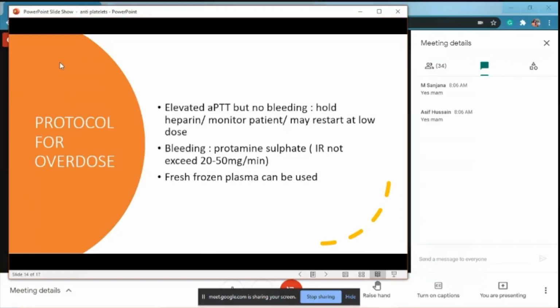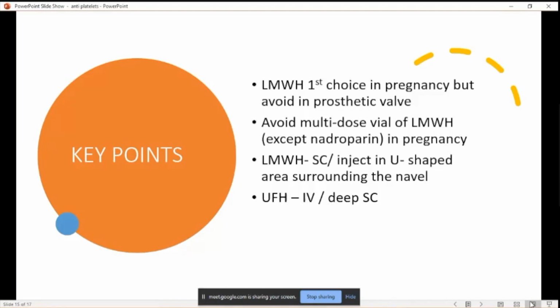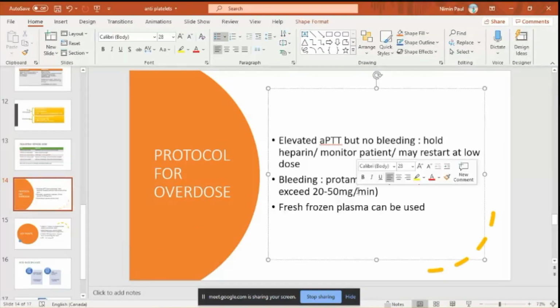I think I made a mistake here. Just a minute. It's not 50 milligrams per minute. It's actually 50 milligrams per 10 minutes. I should be careful here. So let's put 10 minutes and 20 milligrams per minute. Okay.